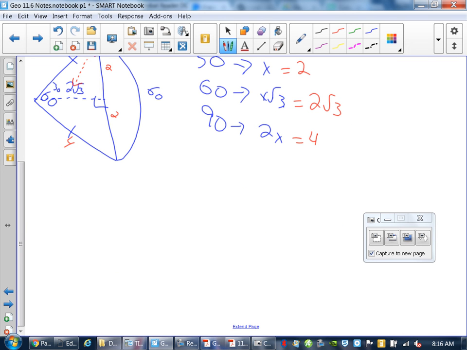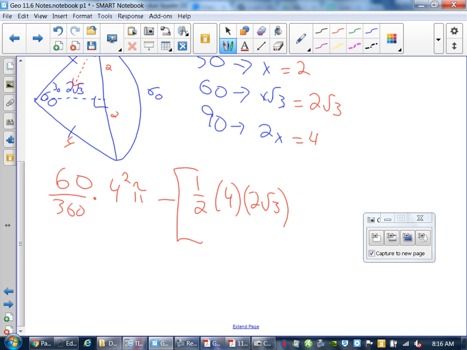Area of the sector was 60 over 360 times 4 squared pi. To that, we have to subtract our triangle: 1/2 base of 4, height of 2 root 3. 16 over 6, 8 over 3, 8 pi over 3, subtract 4 root 3.